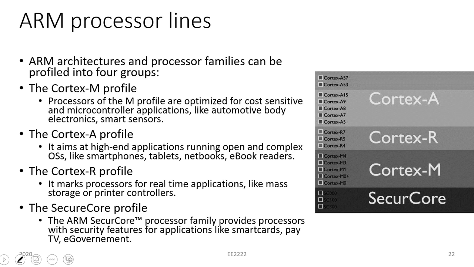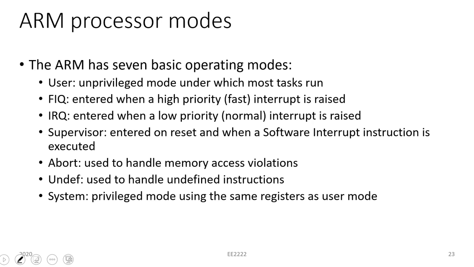Then we have real-time specific processor designs that are meant for real-time applications. And then we have secure core processor designs for building security features into smart cards and things like that. Encryption and all these features may be present predominantly in those models.